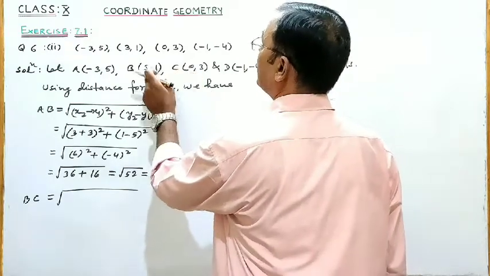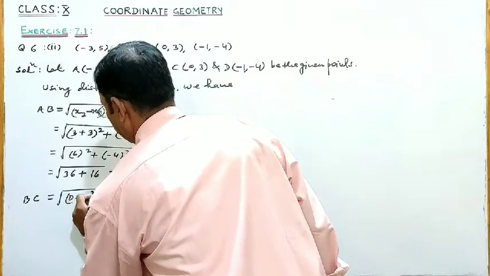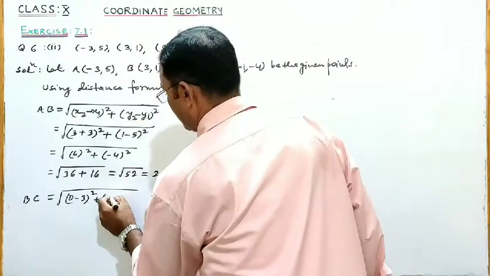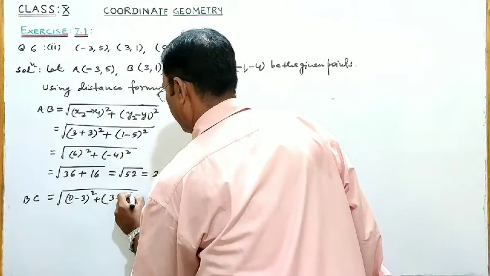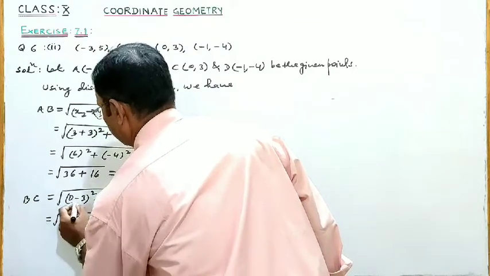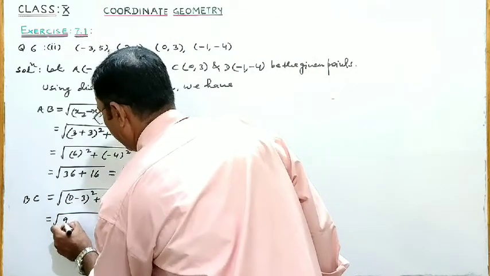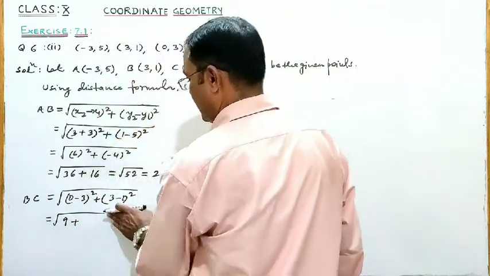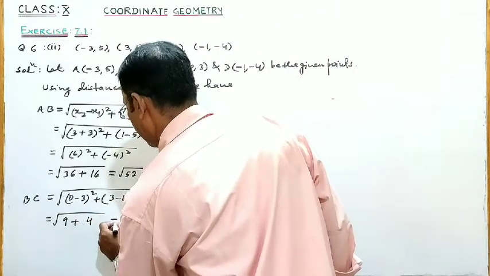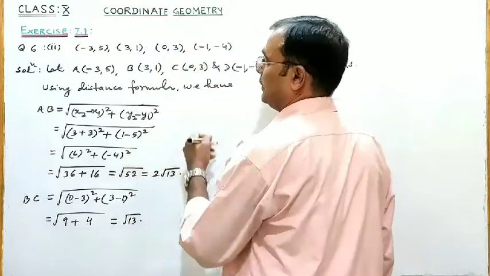So 0 minus 3 whole square plus 3 minus 1 whole square equal to under root 0 minus 3 whole square 9 plus 3 minus 1, 2 whole square 4, under root 13 units.